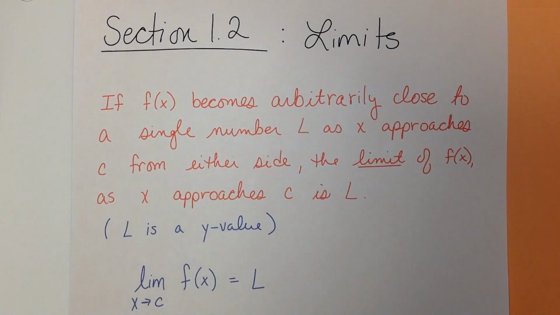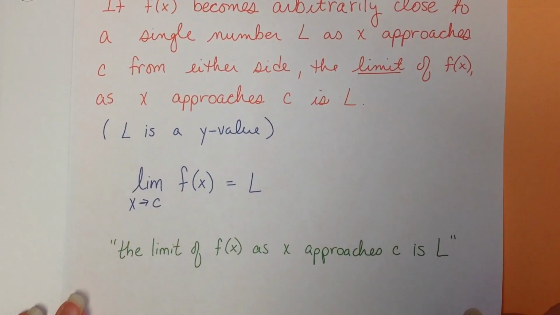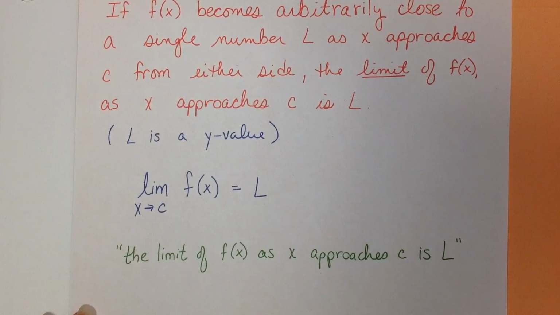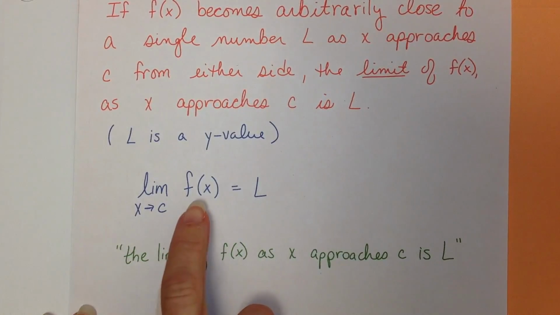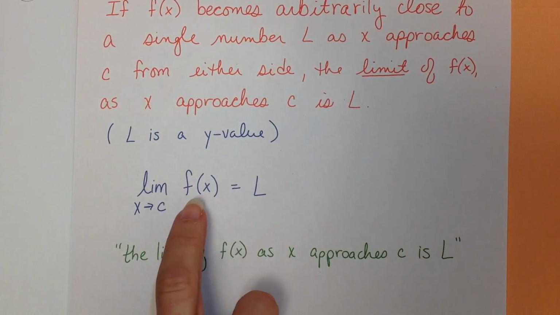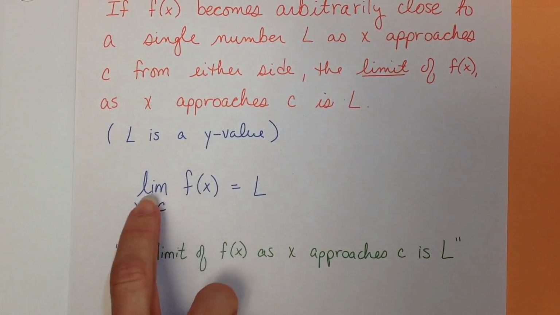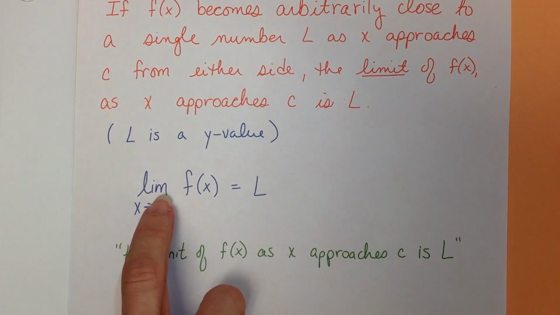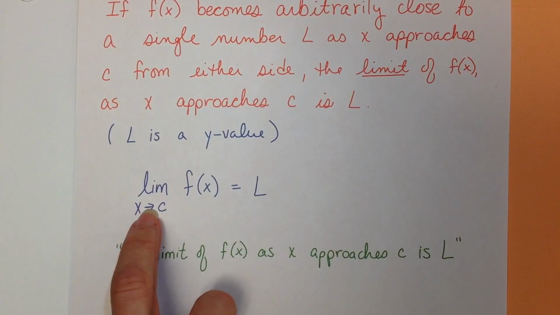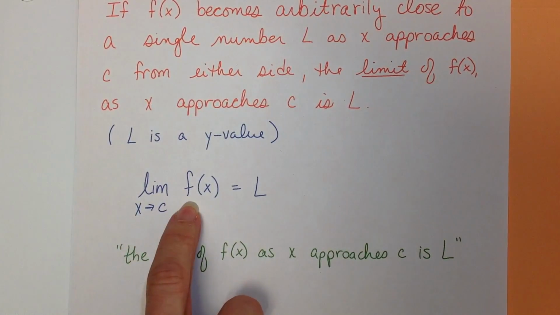Now, the notation that you're going to be seeing used with limits. So if you're talking about finding the limit of a function, of course LIM is just your abbreviation for limit. So your limit as x approaches C of your function.